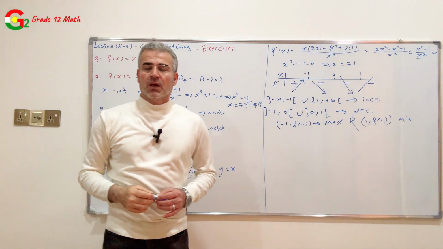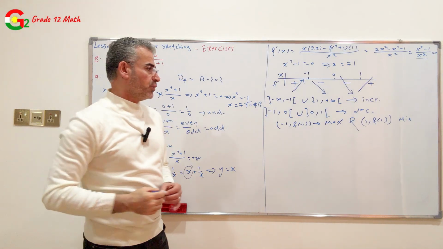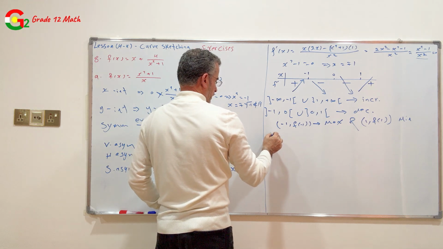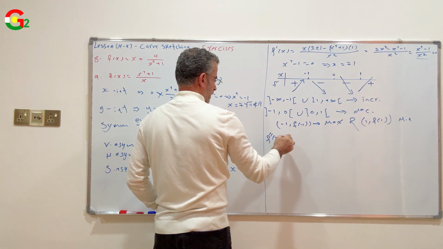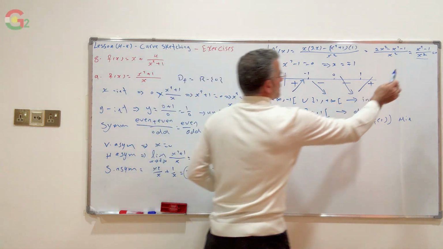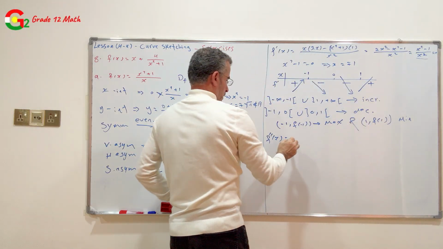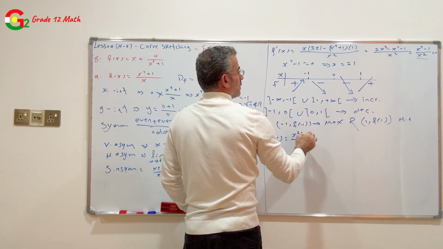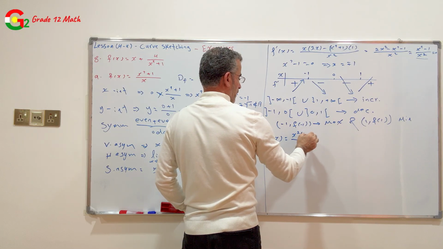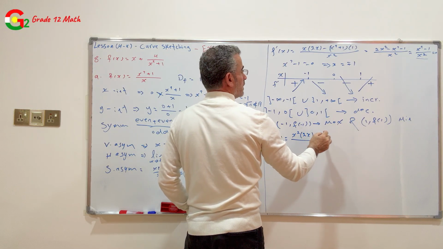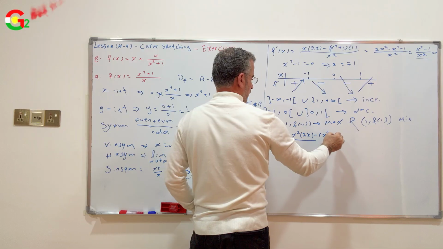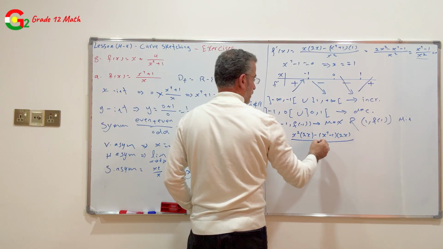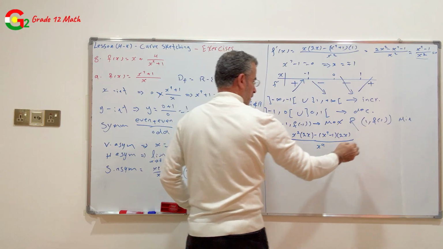For the inflection point, we find the second derivative of this function, f double prime of x. This is the first derivative. The denominator times the derivative of the numerator 2x, minus the numerator x power 2 minus 1 times the derivative of the denominator 2x, over denominator square.